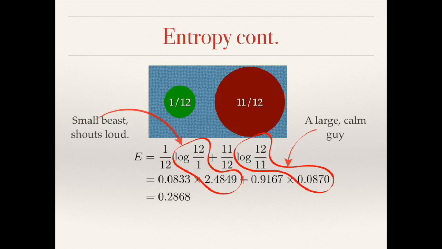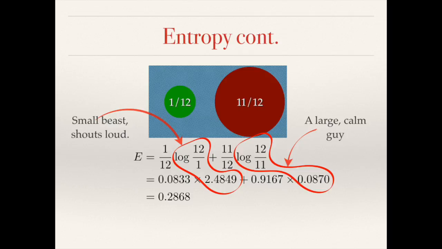So the green ball only has a chance of 1 out of 12 times to come out, and the inverse of the probability is 12. Taking the logarithm gives 2.48 something.